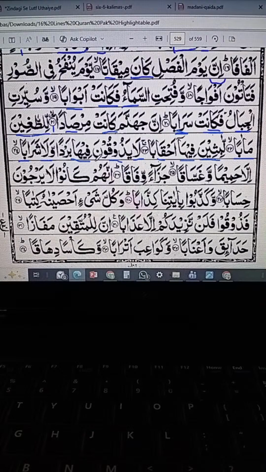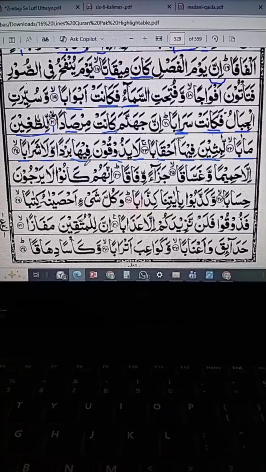La yadhuquna fiha. The third letter of madda is ya. The definition of ya madda: when there is a zair before ya sakina, we will stretch it. Fiha, fiha. And as you know, fi, ni, ki, mi, as in the previous words la, bi, fi, fiha, so we have to stretch it.